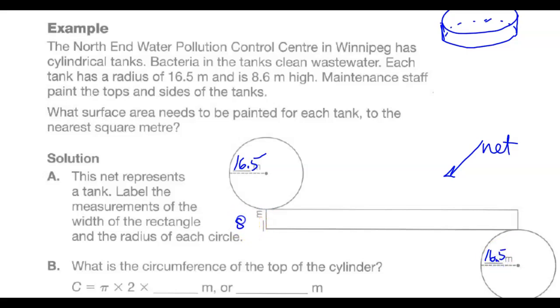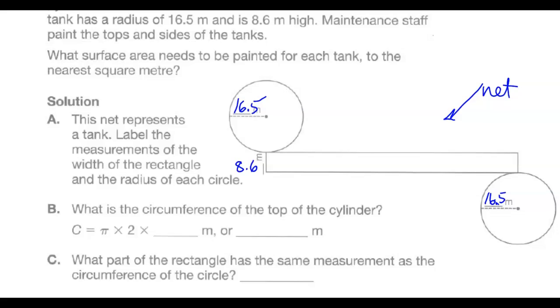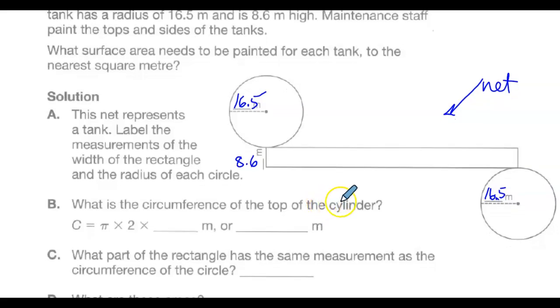And the height of the cylinder, 8.6. And they're in the same units. What is the circumference of the top of the cylinder? Basically, the circumference of that circle is this length here. So remember, it's pi times 2 times the radius, or 2 pi r.